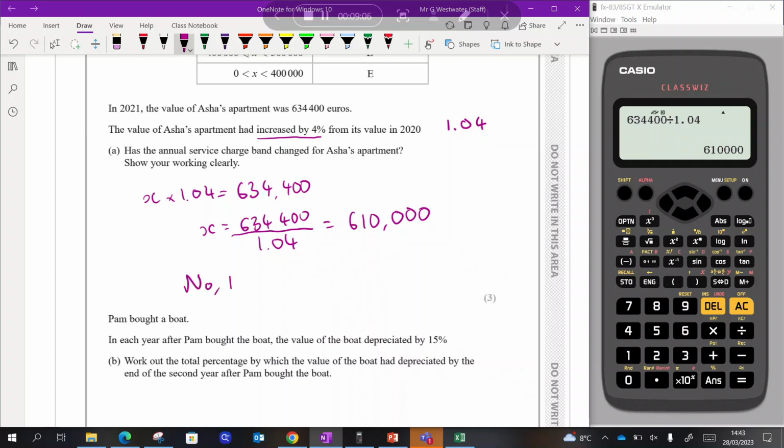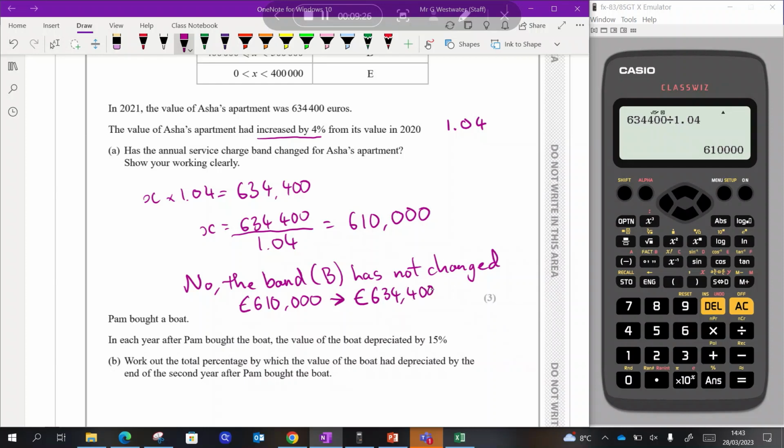No. The band, and I'll put it in brackets, B, has not changed. I might even say 610,000 euros has become 634,400, just to give all the context and working as much as I can.